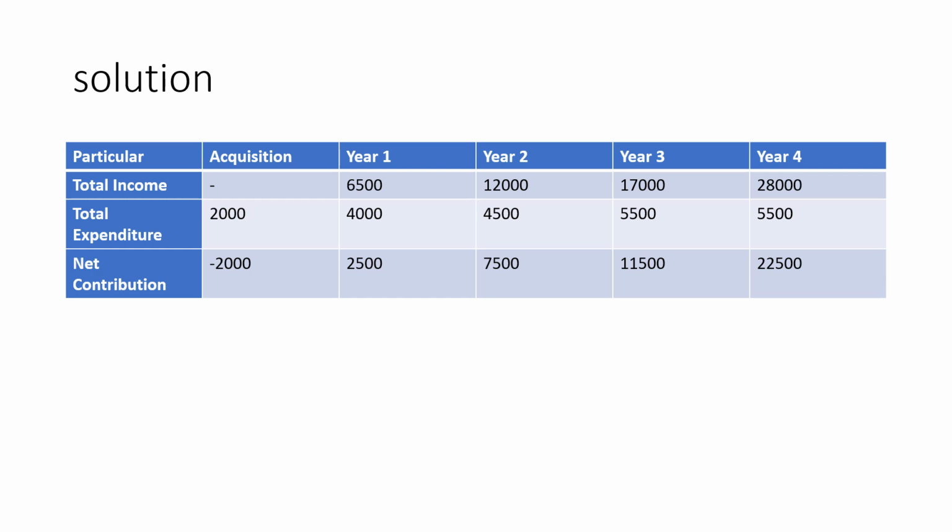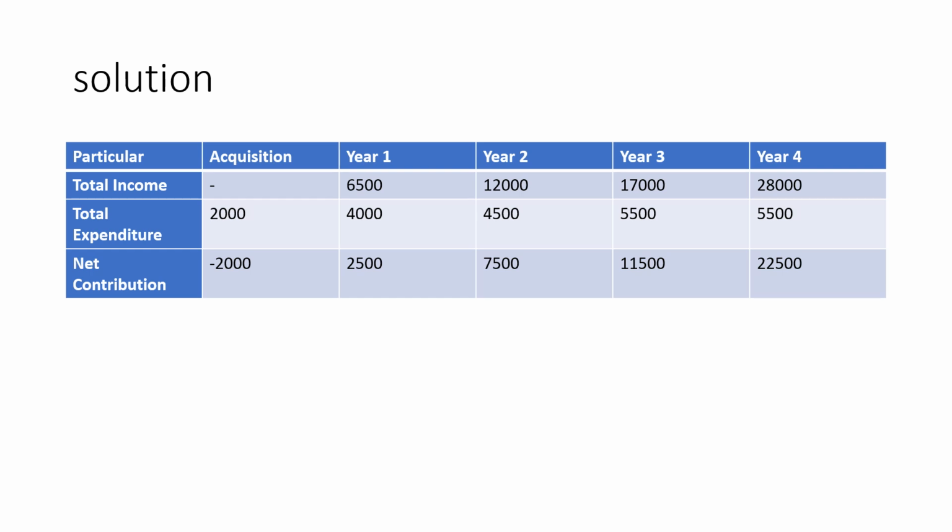How do we get our total income and total expenditure? We calculate those categories from the particulars, add them together, and put them in the respective year. In the same way, we calculate our expenditures from the particulars and place them in the particular year.